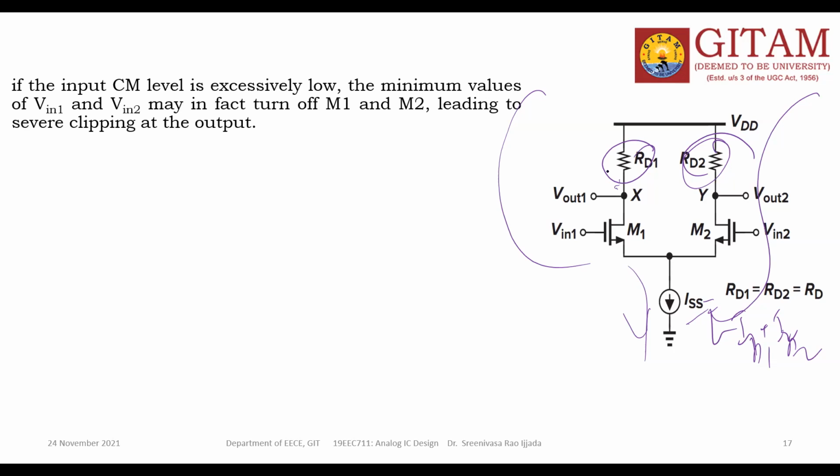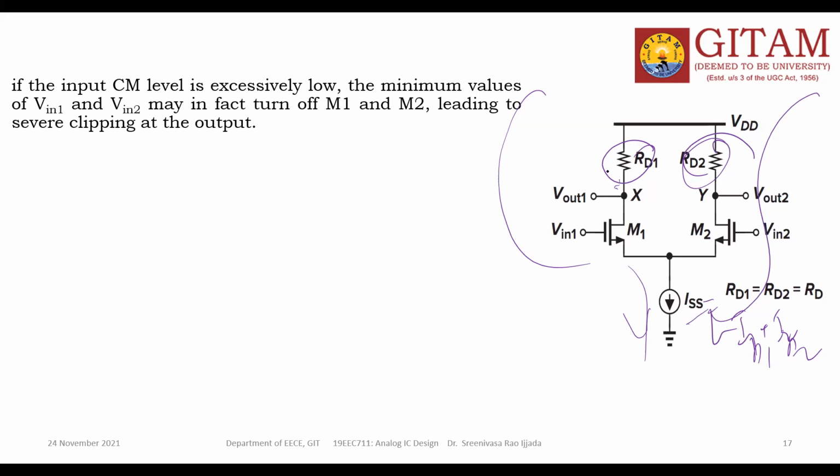What happened? Earlier I showed one picture. So two pictures I showed. In the first picture, there are four pictures: A, B, C. Inputs are A and C. Outputs are B and C. So in the first picture A, of course, you have a higher common mode value, then you get the output separately without losing any signal.